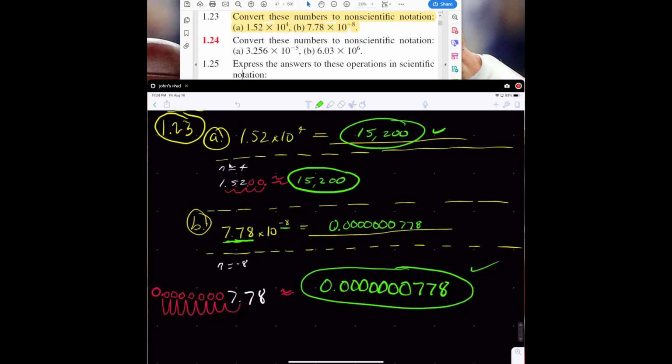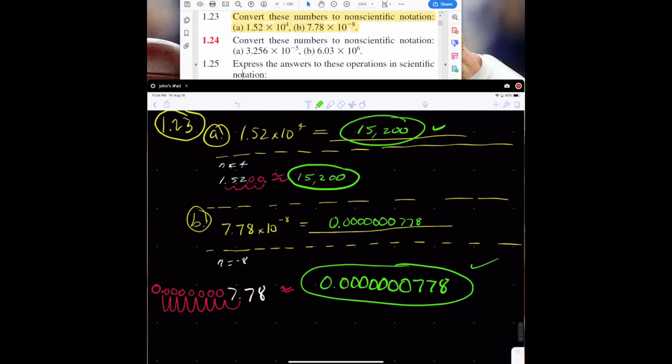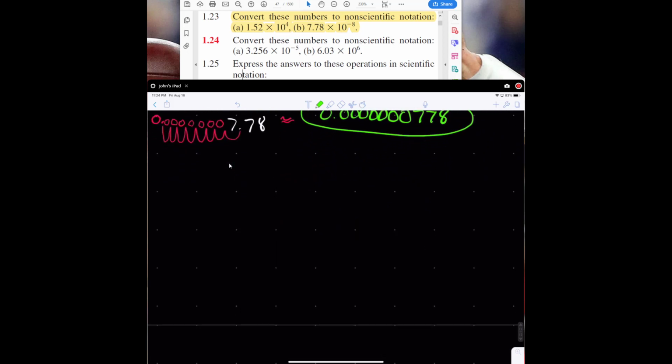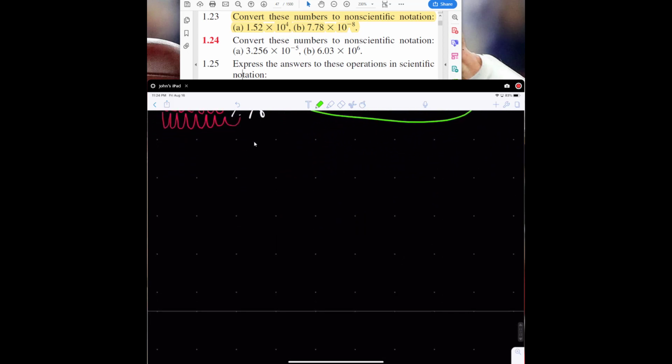I can automatically say, okay, because the exponent is -8, there's going to be 7 zeros before the original number, before this 7.78. And that's exactly what we have in the end. So that's how we would convert numbers from scientific notation to non-scientific notation.